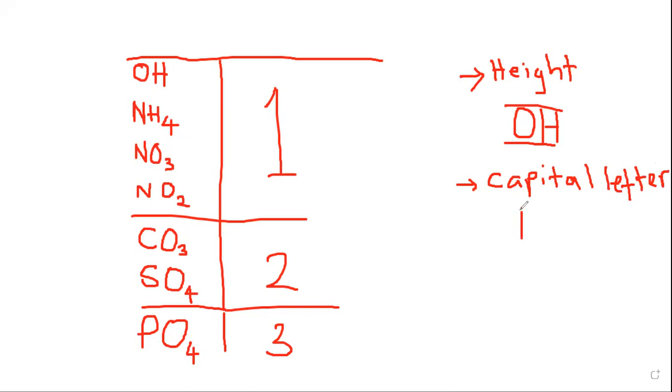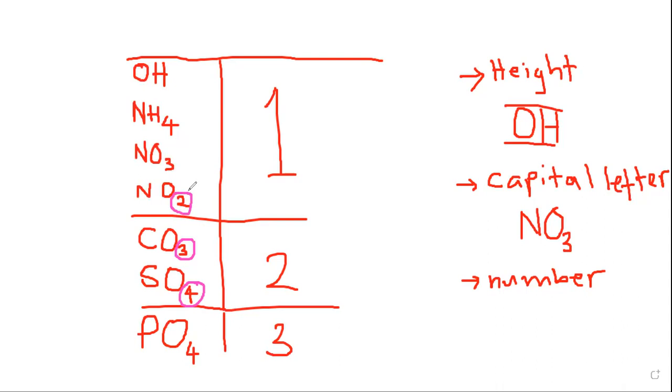So it's N, O, 3. And then pay attention to the numbers used in a radical, those numbers that you're seeing as a subscript. Those numbers are permanent. Carbonate is CO3.